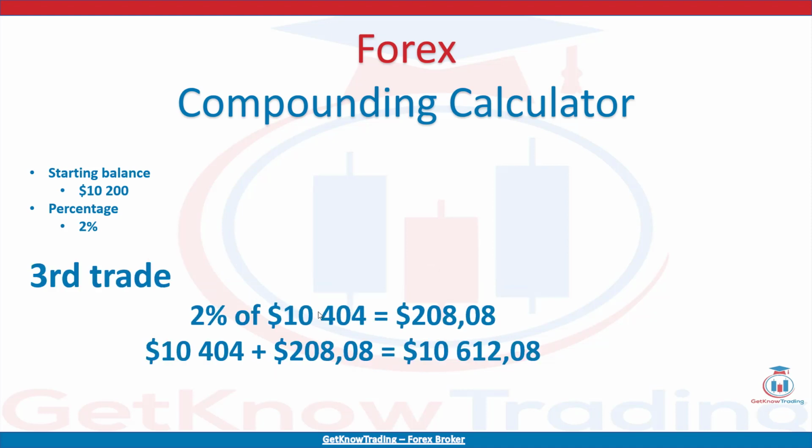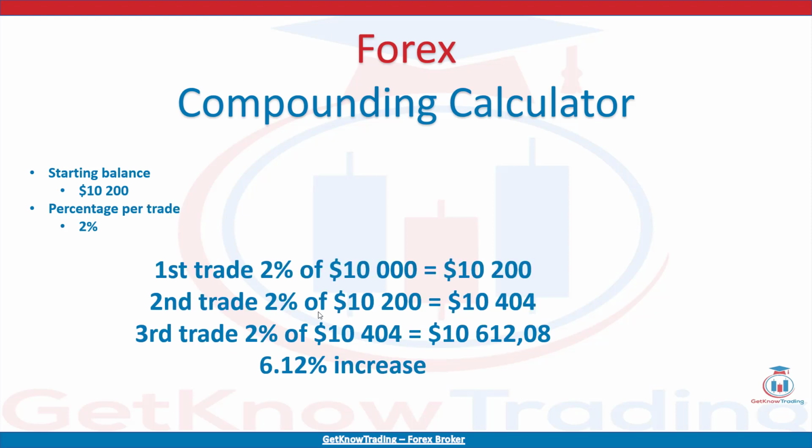In the third trade with compounding, now I have $10,404 as account balance, and the trade with 2% of profit will give me $208.08. And when I add that amount to the total account balance, I have $10,612.08. After three trades, I have $612.08 of profit, which is equal to 6.12%.